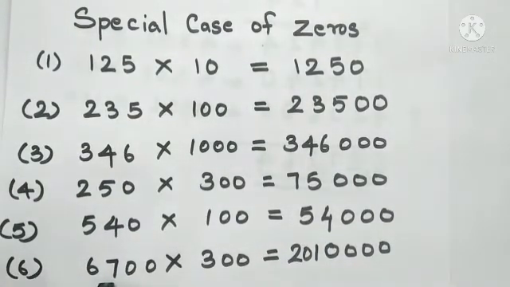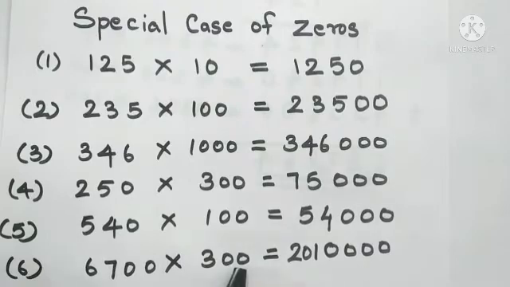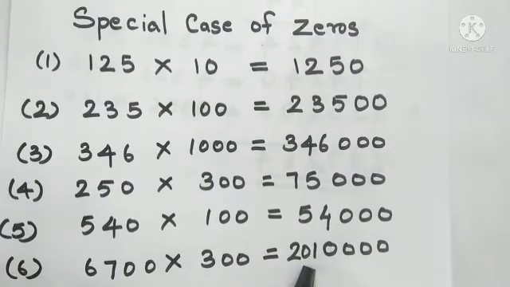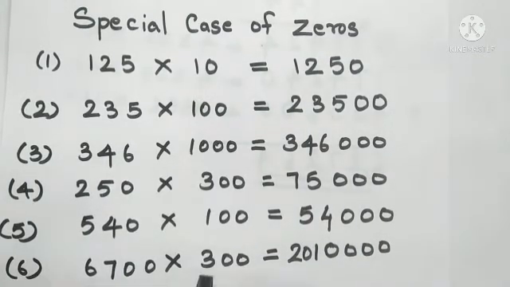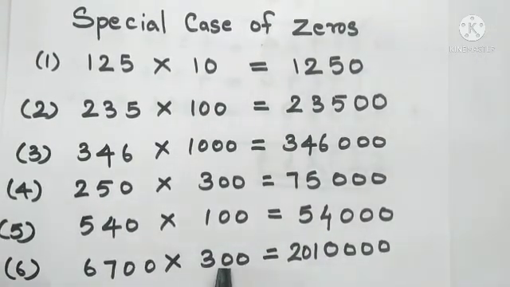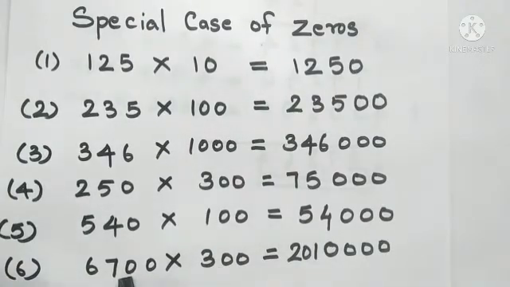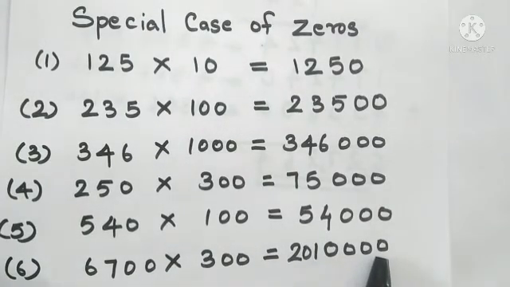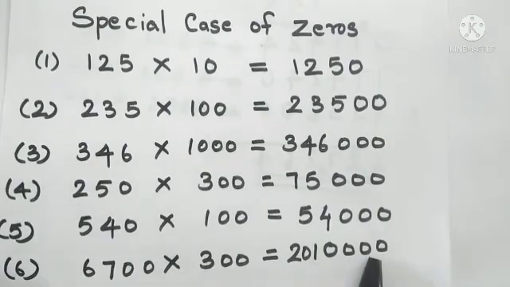Next, 6700 into 300. 67 into 3 we calculate at first. 7 into 3, 21. 2 balance. 6 into 3, 18 plus 2, 20. So 67 into 3, 201. Then how many zeros are there? Here 1, 2. Here 1, 2. Total 4 zeros. Then after 201, we put 4 zeros.